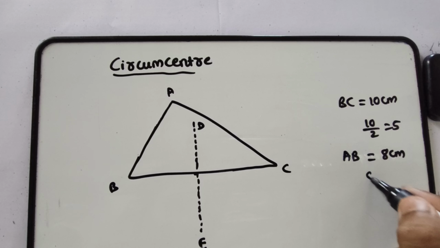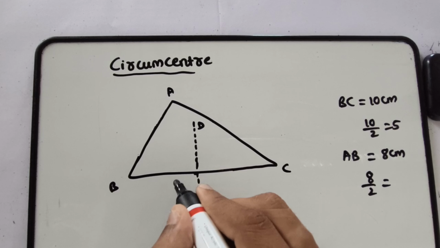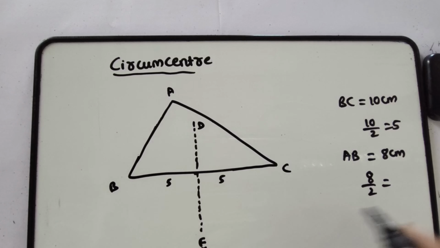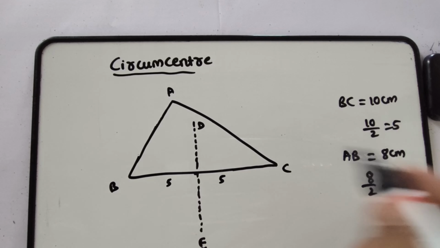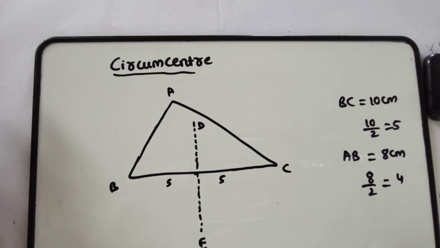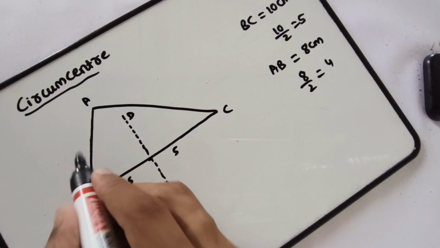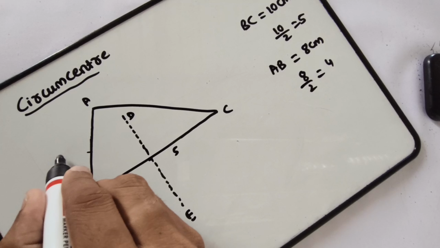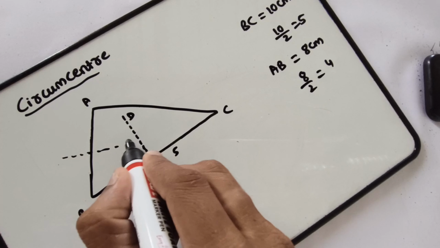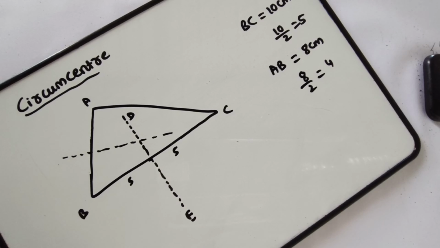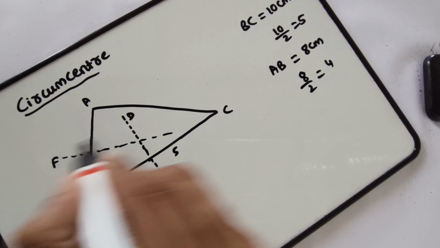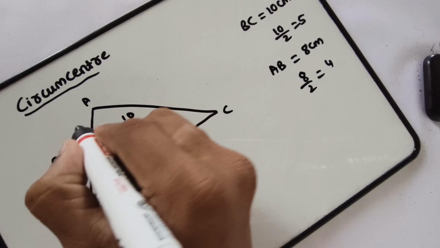AB is equal to 8 centimeter. Let us take now 8 by 2, that is 4 centimeter. The midpoint of AB is at 4 centimeter. Through the 4 centimeter point from A and B, I'll draw one more perpendicular bisector line. Let it be FG.